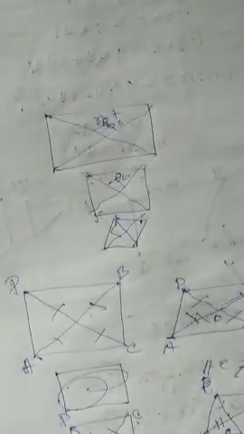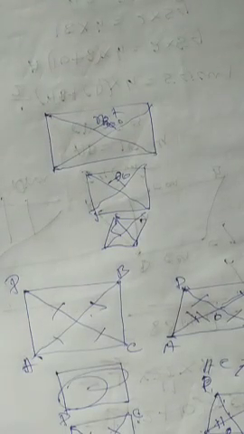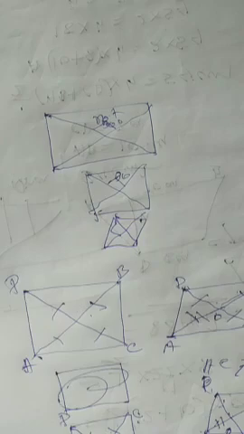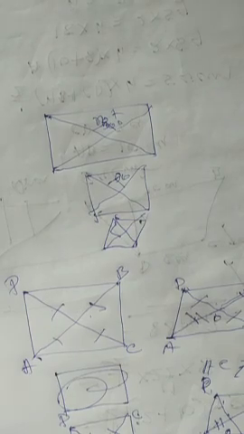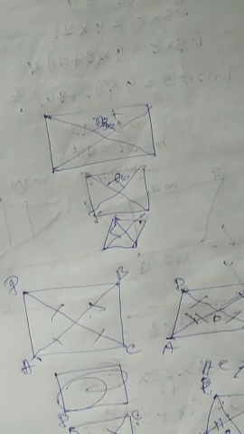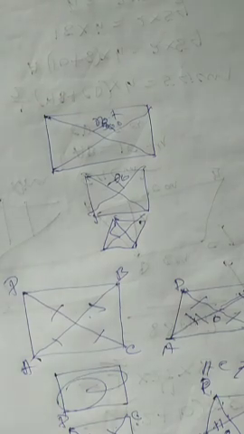Remember that square and rhombus bisect perpendicularly, but rectangle and parallelogram do not bisect perpendicularly. These are the properties of a parallelogram and all other defined quadrilaterals in terms of Euclid geometry.